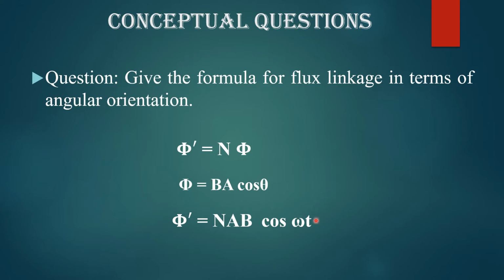Putting the values of theta and phi in this equation, we get flux linkage equals N A B cos omega t, where N is the number of turns of the coil, A is the area of the coil, and B is the magnetic flux density. This formula of flux linkage is in terms of angular orientation, because it contains omega, the angular velocity.